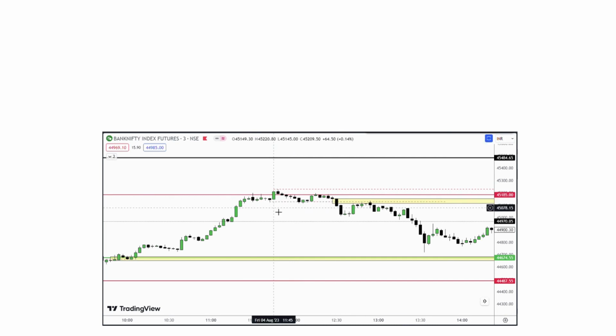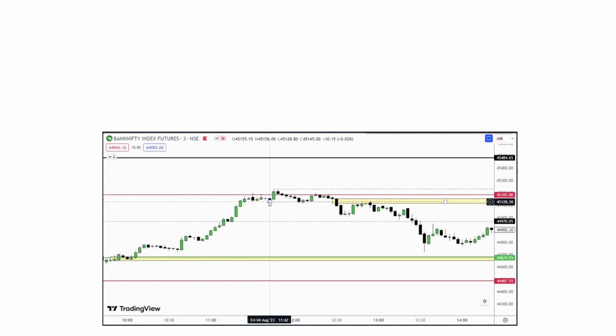Before the high of 1148 was created, the low was over here. From this low, price went up, broke the previous day high and closed above it, and from the 1148 candle onwards, the price started coming down. So this was the displacement high that price created, and this was the displacement low.